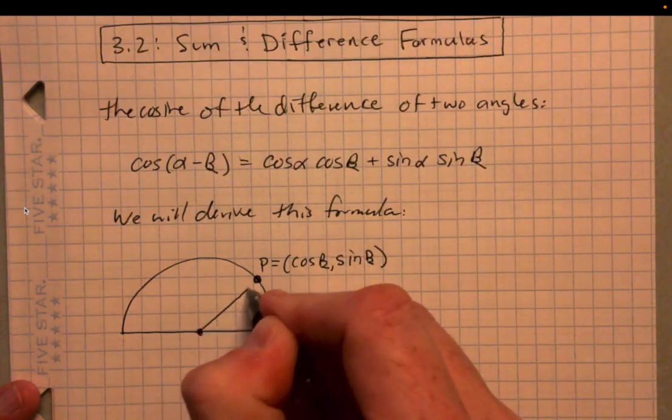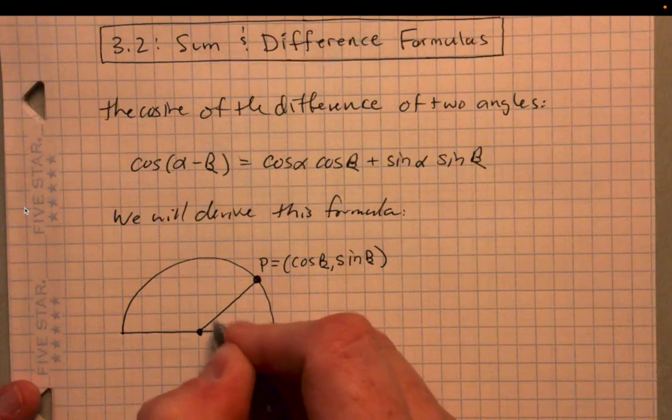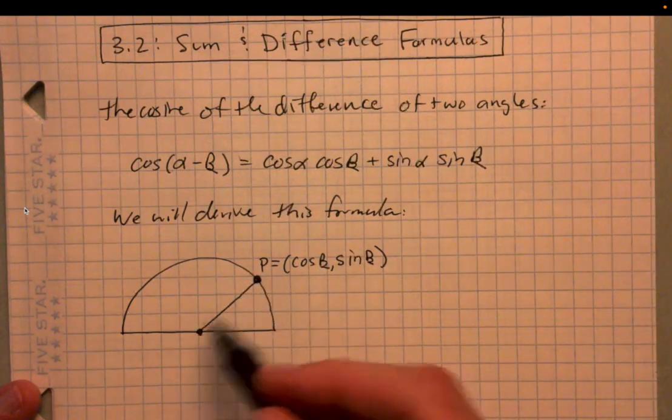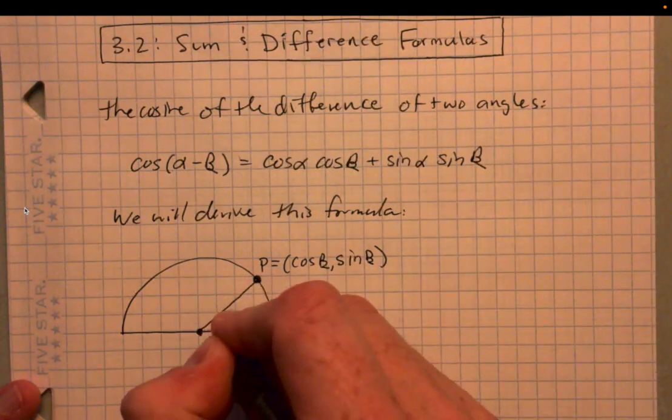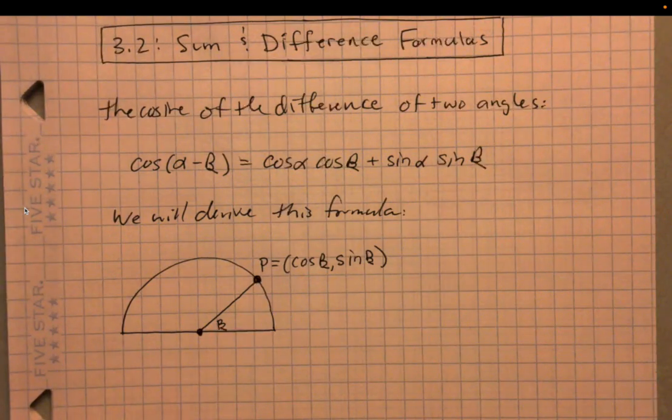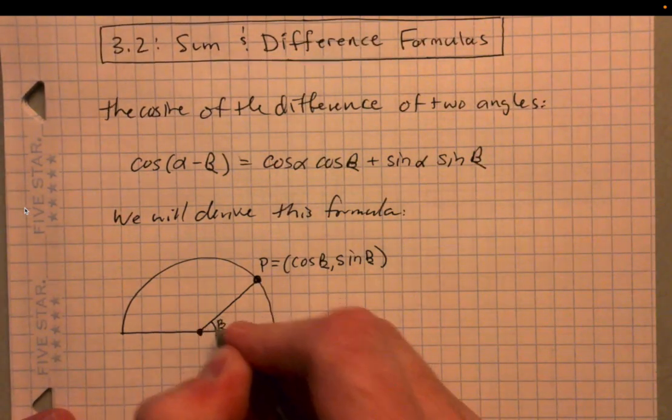And so obviously the angle that that point P makes with this intercepting ray is beta. Okay, so I've got this beta right here.